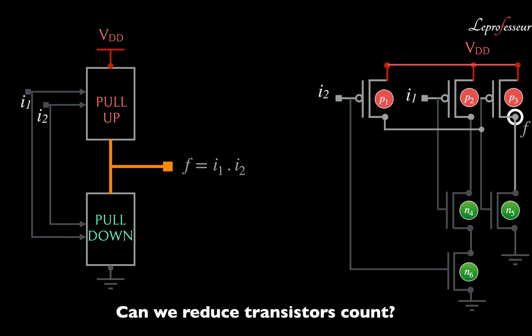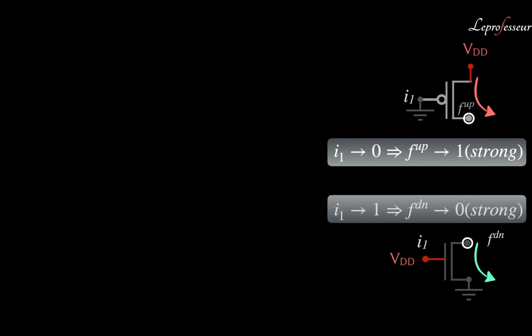Let's have a look at how we can use the pass transistor logic approach. First, let's go back to the basics, PMOS. In the PMOS configuration, we have already seen that when the gate is connected to ground and one of the terminals is connected to VDD, this produces a strong 1.